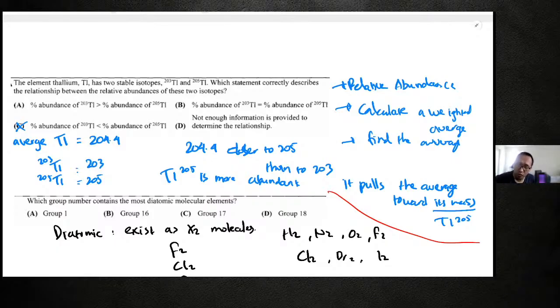We can see that N2 and O2 are also diatomic, but it's just one in each group. This is group 5, this is group 6. Which one has the most? It should be group 17.